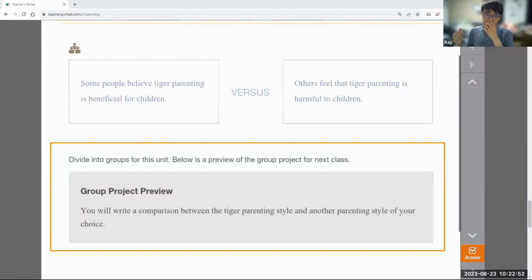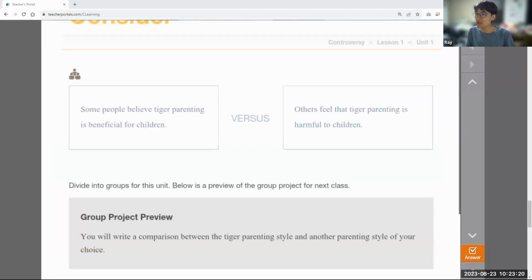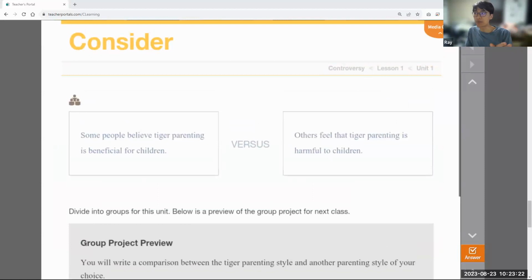And so here they're saying we're going to divide into groups right now so that you know your groups and that you can basically have groups ready and have students work together possibly in their groups for the whole class. But again, this whole part really depends on your location. So you got to ask your boss, basically.